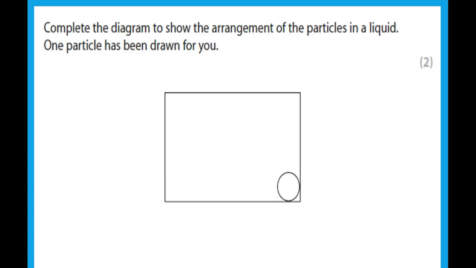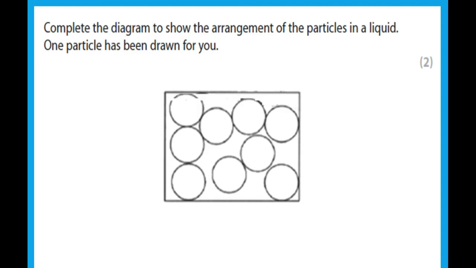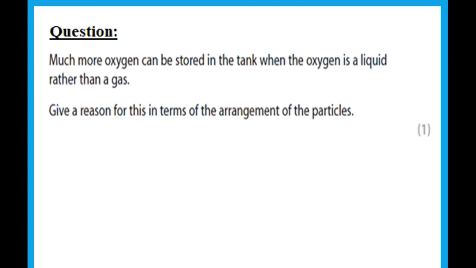They are arranged, we said, near to each other in clusters. So you need to fill up that box, and your diagram should look something like this, so that they're near to each other. Some of them are touching, some of them are not touching. They are not in any particular order, so don't put them in regular rows. So your diagram should look something like this.